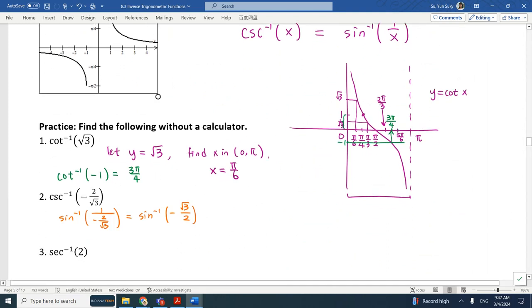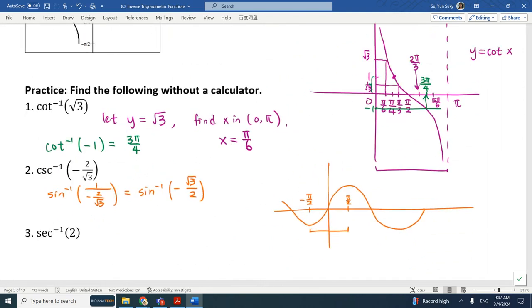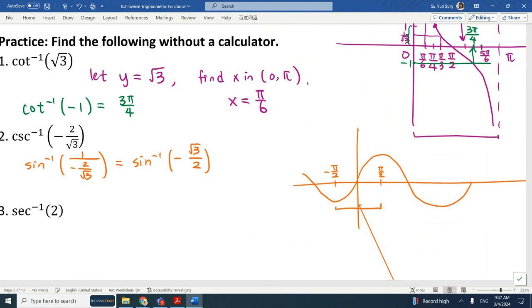And now for sine, you draw the graph of the sine function, and it looks like this. You're now from negative pi over 2 to pi over 2. Negative root 3 over 2. So this is -1, this is 1.